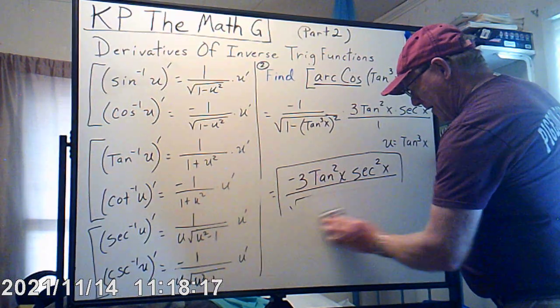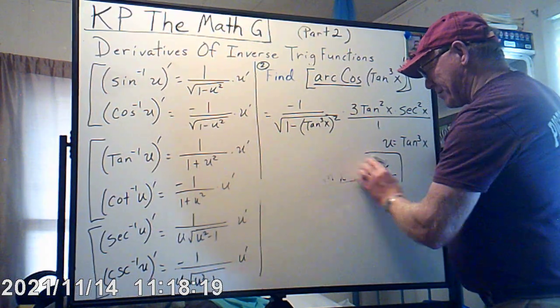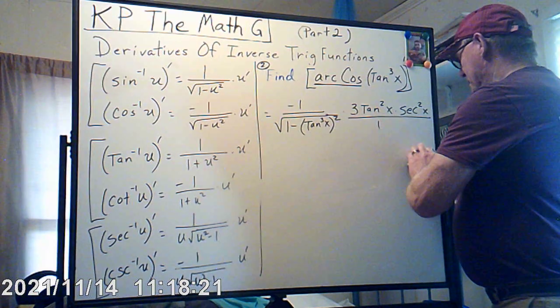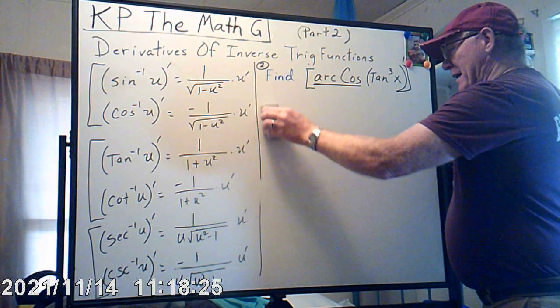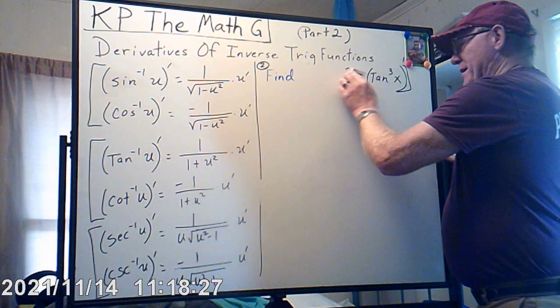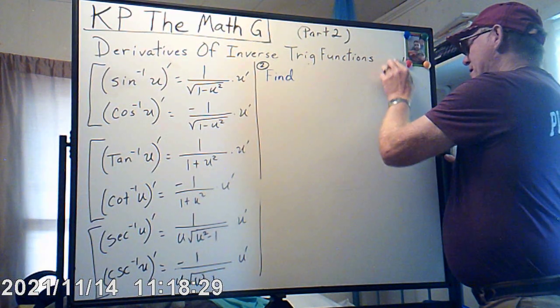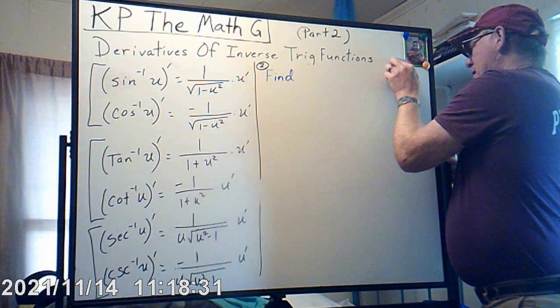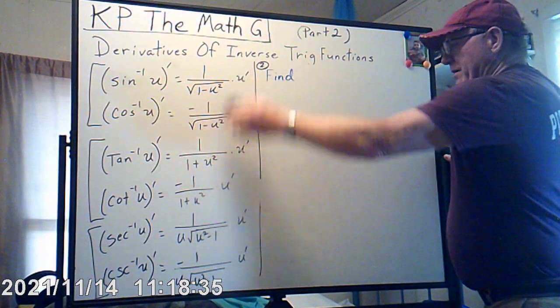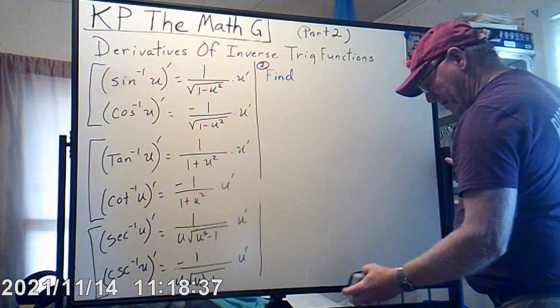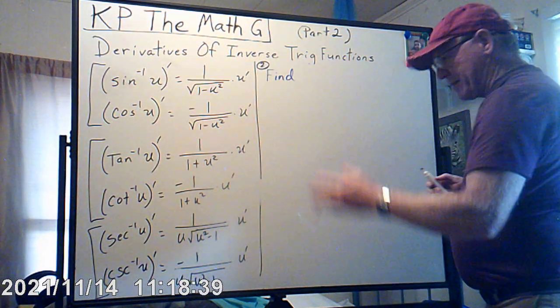Okay, alright, so let's do, I want to say, one more problem. It's a pretty good problem here. I like this one. But here again, you just have to memorize these derivatives. You have to memorize the derivative of the inverse of all 6 of these.